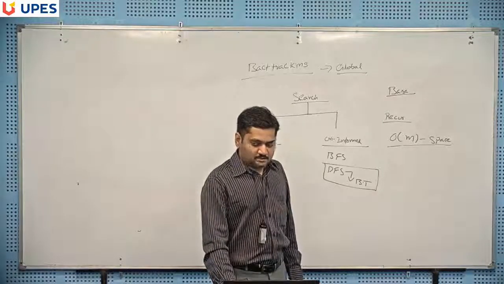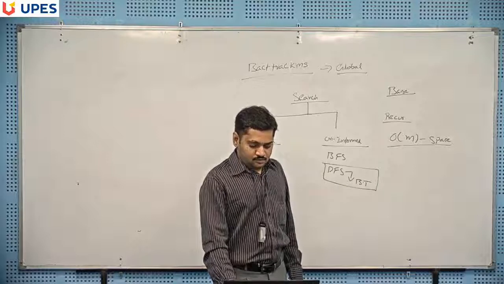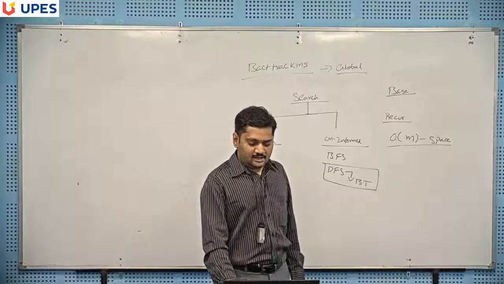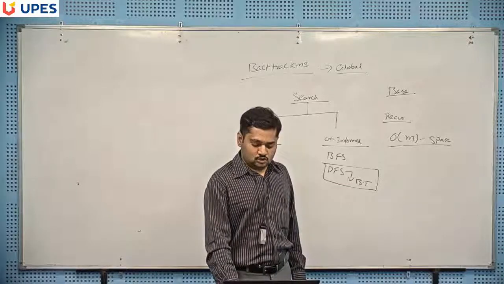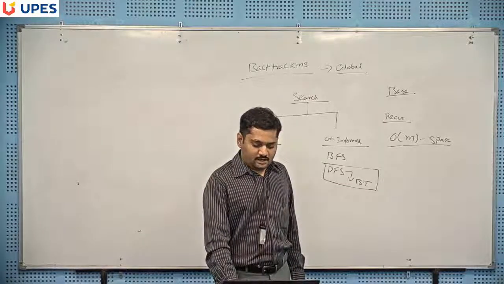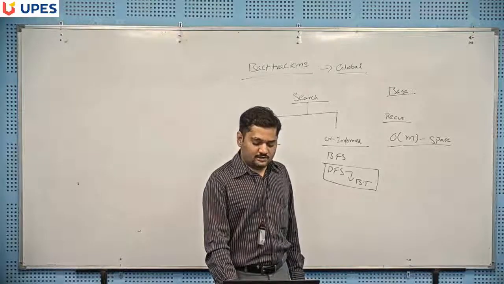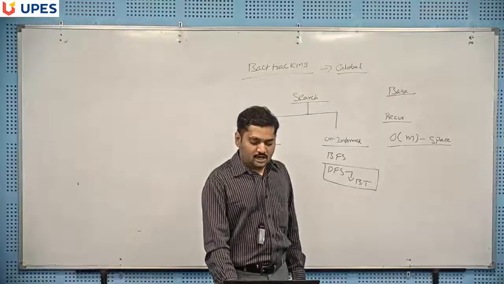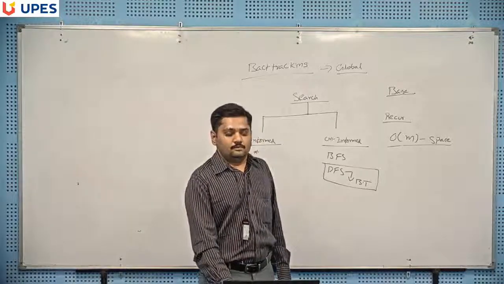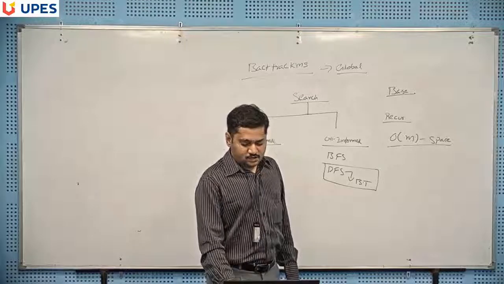So I started exploring the solution and I hit a dead end and I did not find the solution. That's why I went back to the previous state, and I chose another path in order to explore my solution, and in that particular path also I did not find the solution.